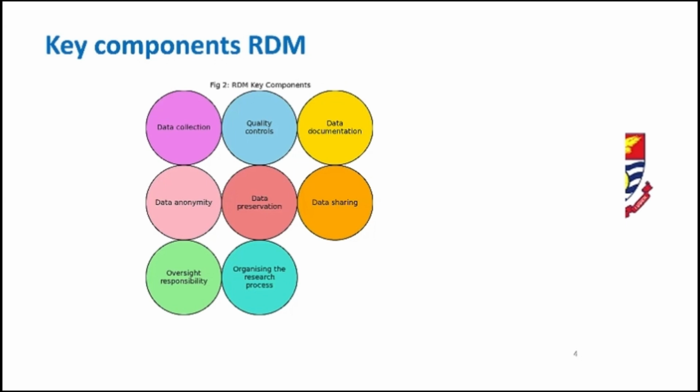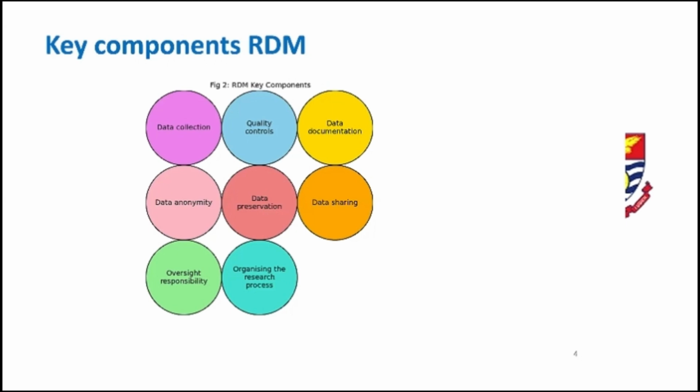Anonymizing data is also important to filter out sensitive information as far as data is concerned. We can move on to data preservation, which has to deal with filtering relevant information that can be archived for reusability.